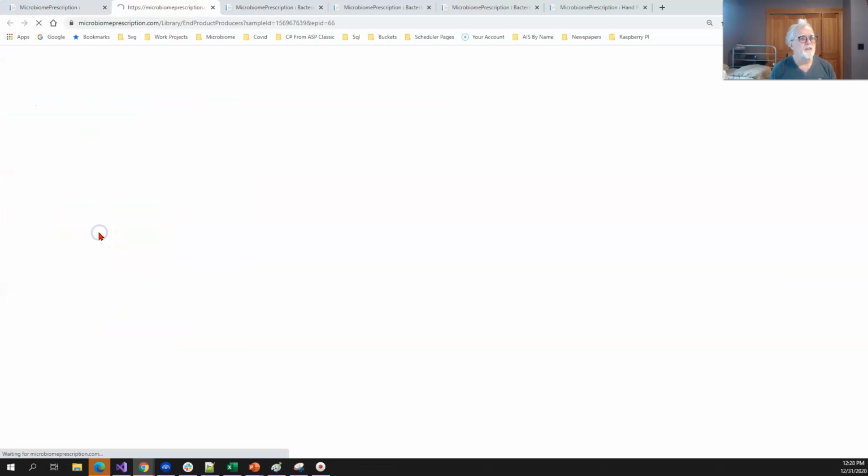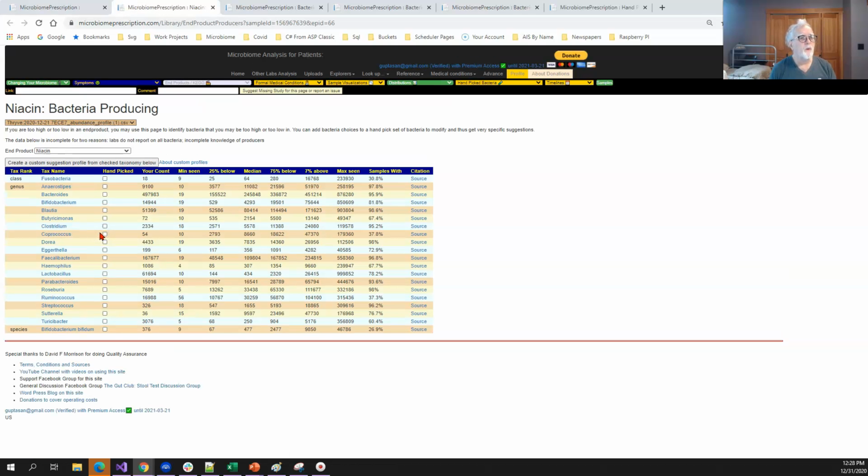Okay, let's try niacin. Here we have a bit more than before. And we take a look down the list, and this one here I'll mark because it is high. The Bacteroides one I tend to avoid because the name is used twice and sometimes the data gets misassigned to the wrong thing.